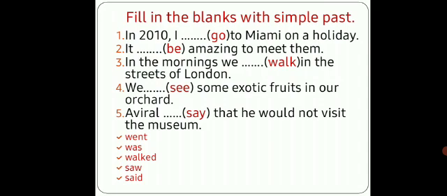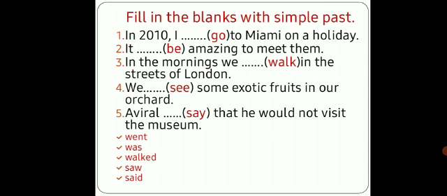But you have to choose which one. Was or were depends on the subject, singular or plural. In this sentence you have a singular subject, so you need to choose was. So it was amazing to meet them.